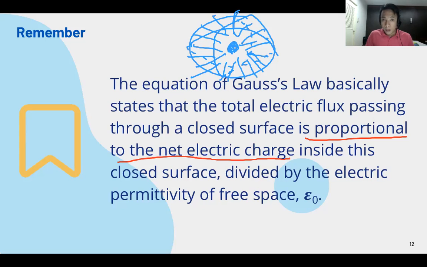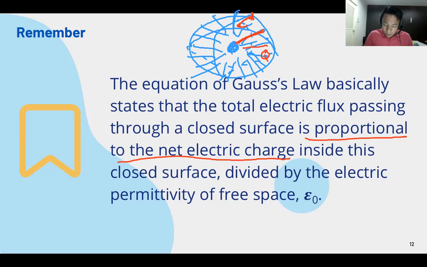The thing here is, yung sinasabing proportional to the net electric charge, for example, we have here the Q. This will be our charge, right? These are the charges of the Q. And we also have the area, right? Kung gaano kalaki yan, it will be the area. Okay? And I will get a sample part here.